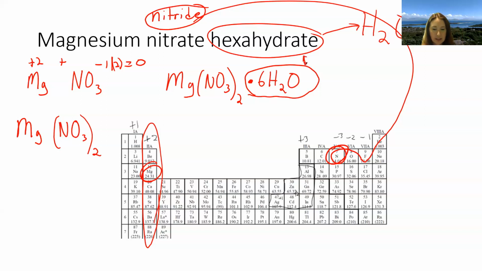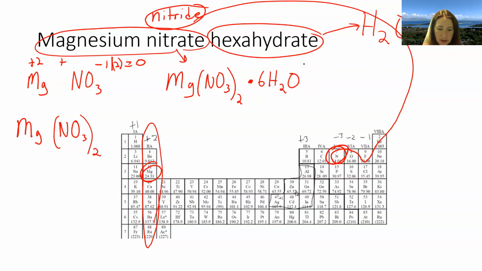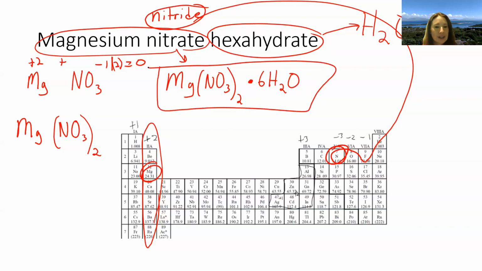These are the same thing, 6 waters. And again, this is our magnesium nitrate, right? You can just leave them out, it's fine. Okay, so this is our answer. So hexahydrate just means add 6 waters to whatever you're doing. And that's our hexahydrate. Okay, any questions on this one? I'm good with this?